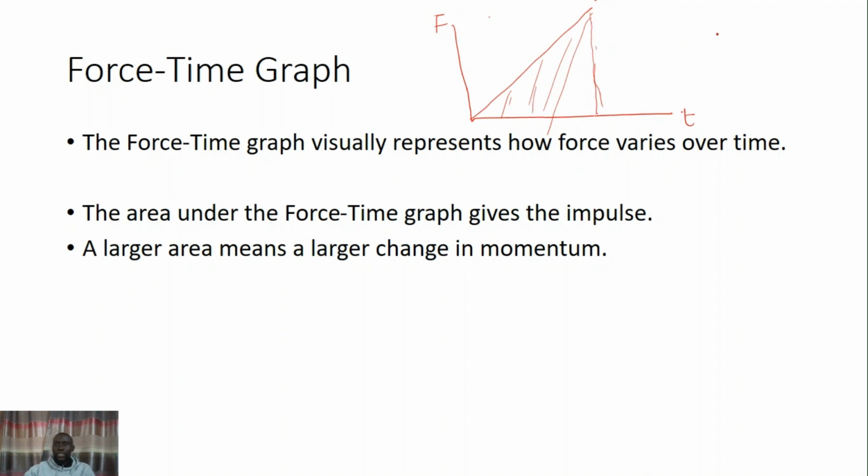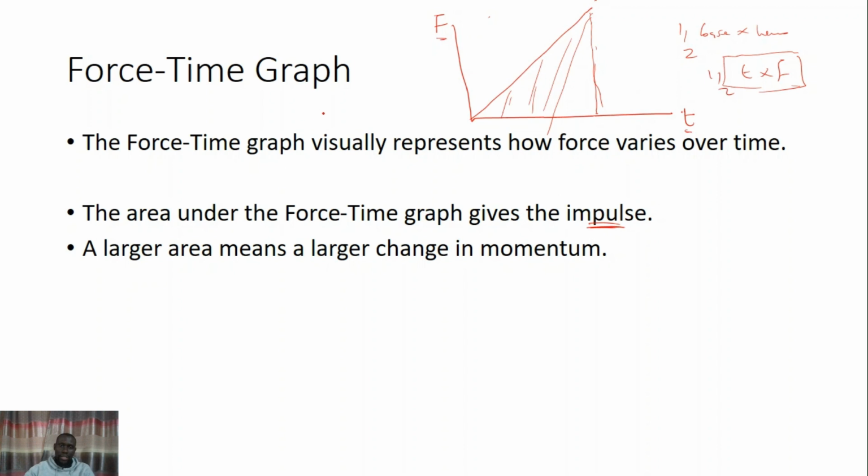The area of a triangle is 1 over 2 times base times height, right? The base here is t, times the height, which is the force. So if you look at this Ft, that is impulse, right? So the area under the curve of a force-time graph is actually the impulse.